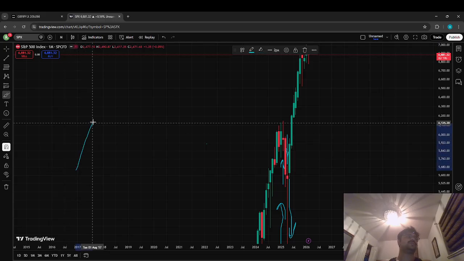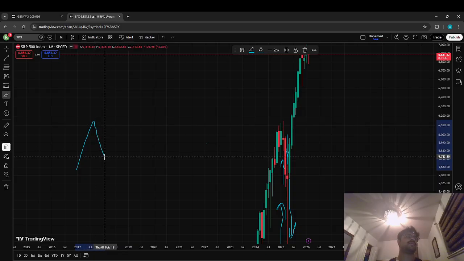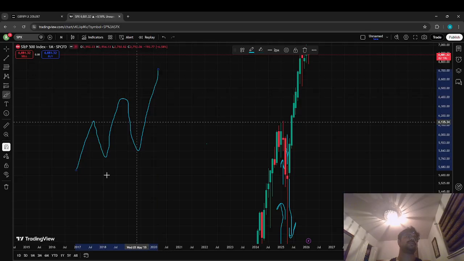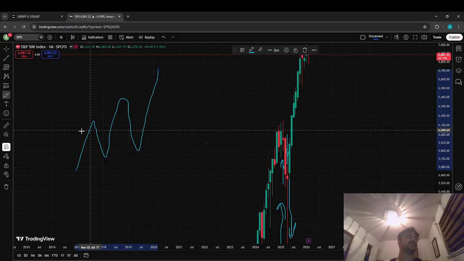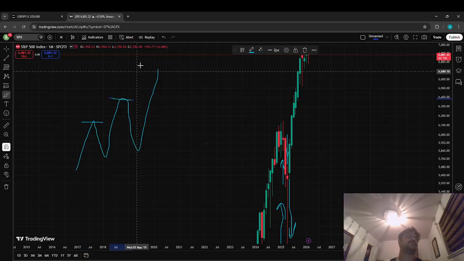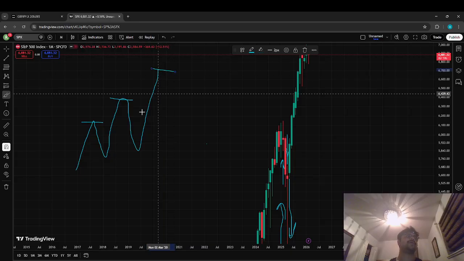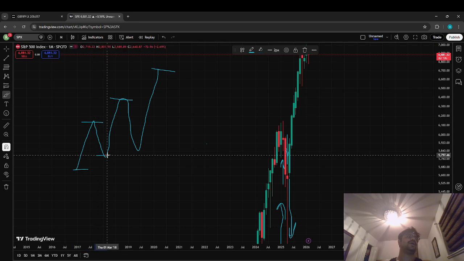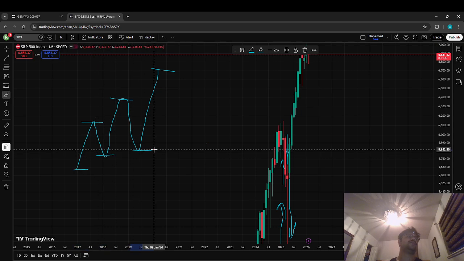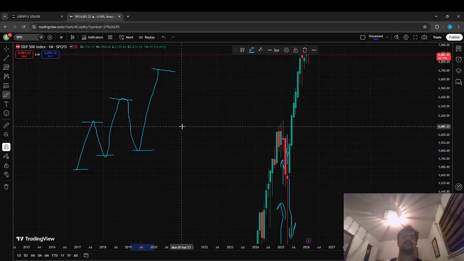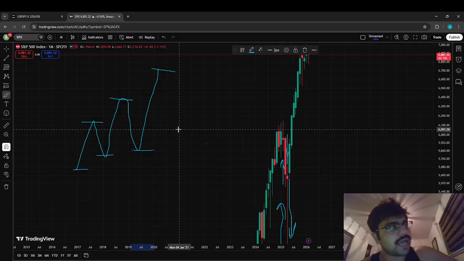If this happens, this happens, this happens, that means that we're in an uptrend. The reason for that is that we have a high here, then a higher high here, and it's going to go on to form a higher high later on. And then we have lows, a higher low, and then an even higher low. If that was going to break, it would be somewhere here. So that is a trend.